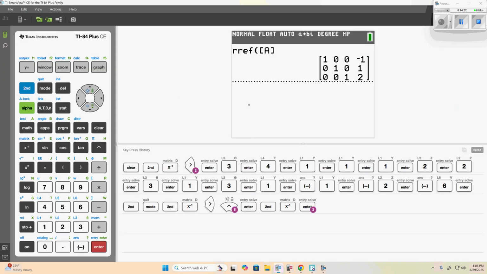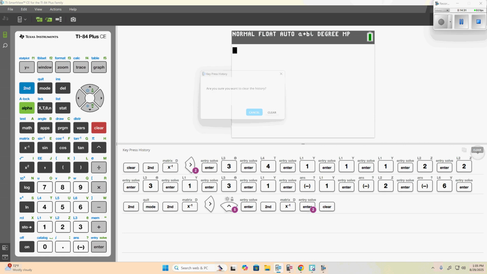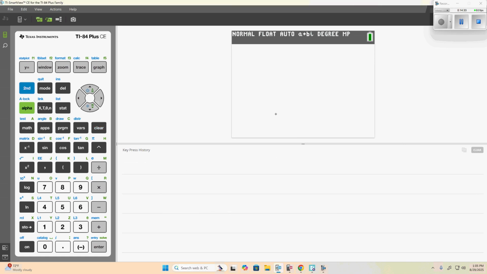So what you do is grab the graphing calculator and turn it on. Clear all that out. Got it turned on, yes? So the first thing we need to do is put the matrix into the calculator. So to do that, if you notice here where it says key press history, there's nothing listed. This will follow the keystroke.